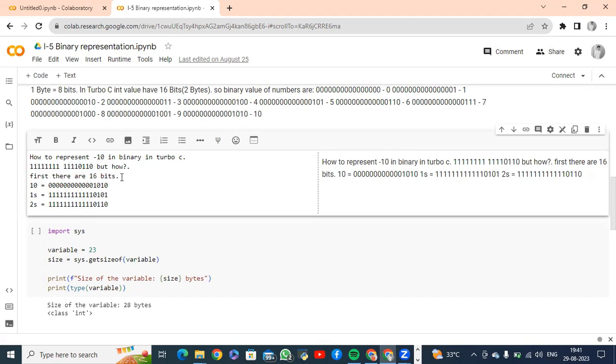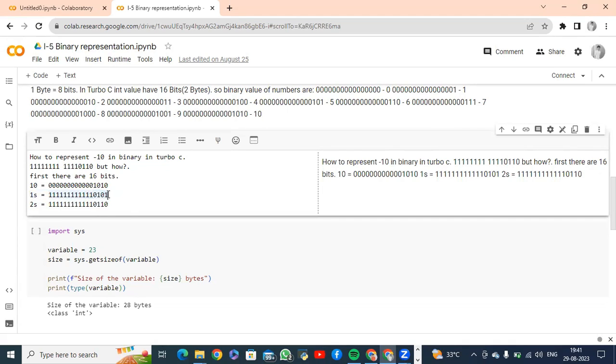Just take the complement of 10. We need to find -10, so we take the binary value of 10, then convert it into ones complement. What is ones complement? Just flip the bits. Flipping means 0 to 1 and 1 to 0. Now take the 2's complement. What is 2's complement?